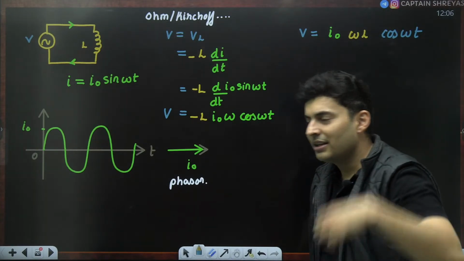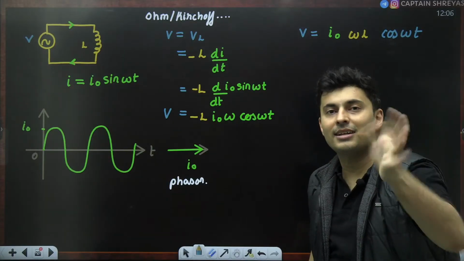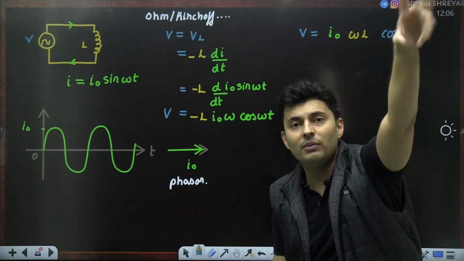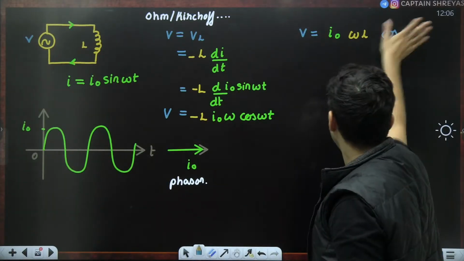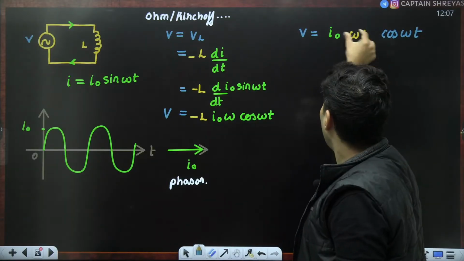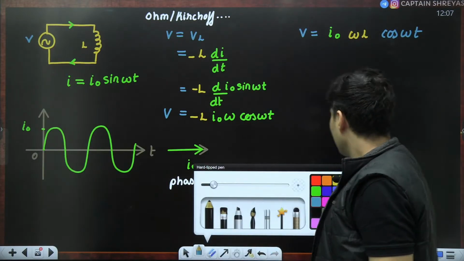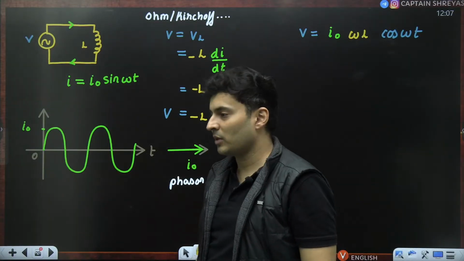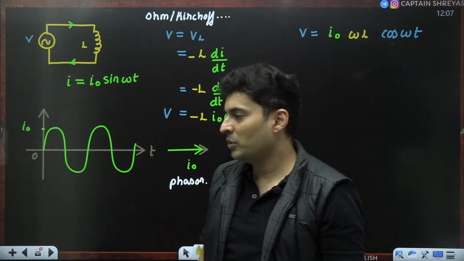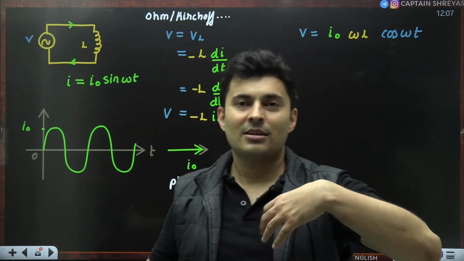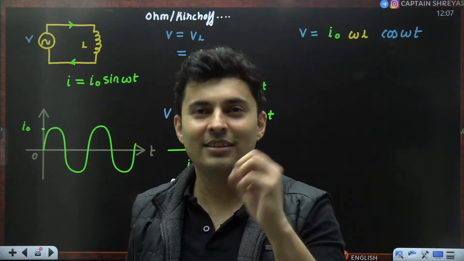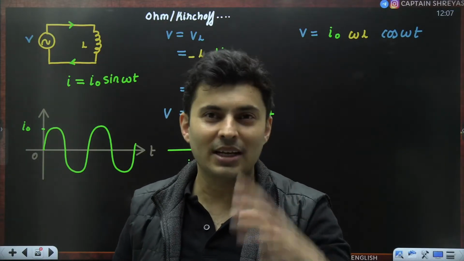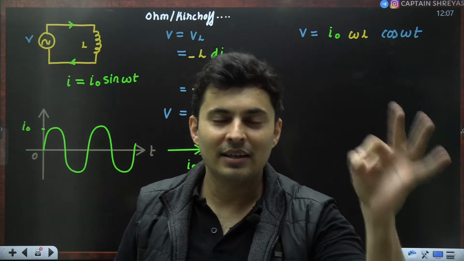Omega into L is looking to me like the resistance if I compare it with V is equal to IR. Forget this cos. So actually speaking, this term over here is like the resistance, but there was no resistance. So it's like a substitute for resistance, but it is not actually the resistance.